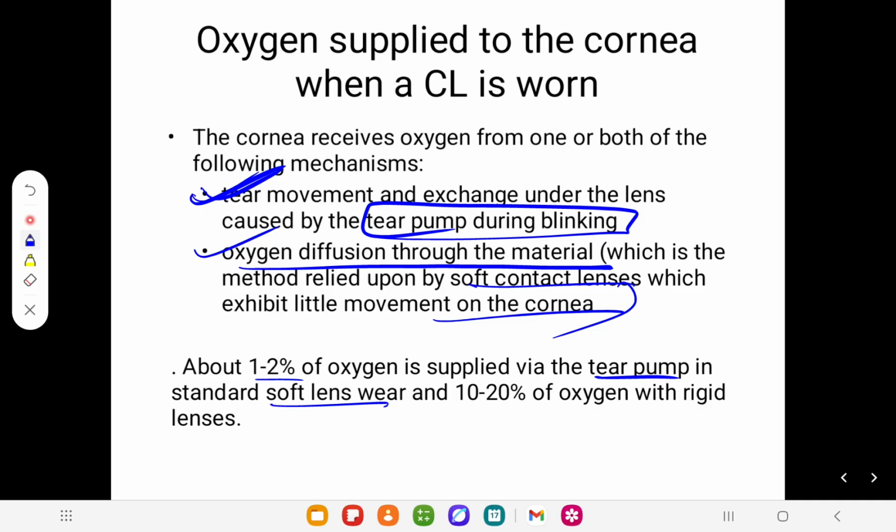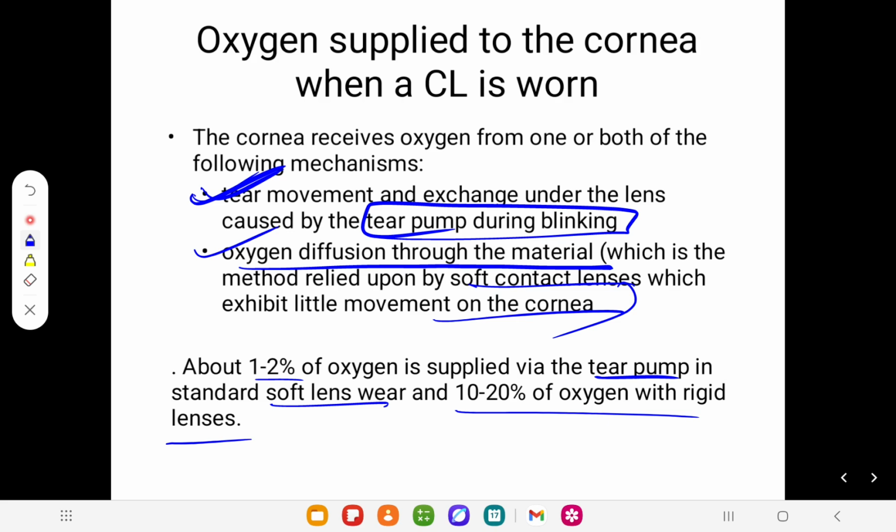In rigid lenses, if your fit is good, not tight, then 10 to 20% of oxygen is supplied through the tear pump mechanism. Is it sufficient? Definitely not. So we do not rely on the tear pump mechanism for oxygen. Yes, good fitting is very beneficial and very important, but you will never rely on the tear pump mechanism for oxygen.